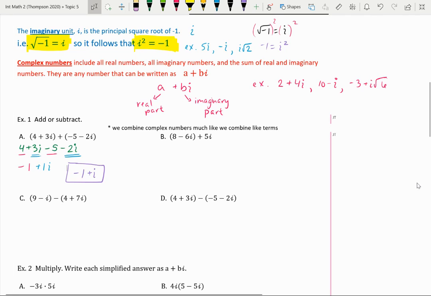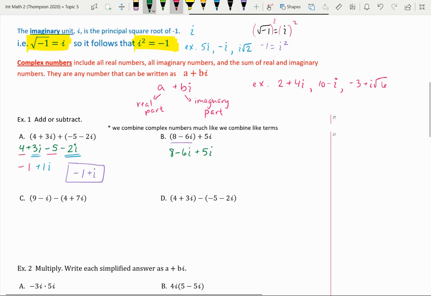Okay, problem B. So again, I'm just adding. So I technically have a complex number plus an imaginary number. So I'm going to rewrite this without any parentheses to start off with. Okay.